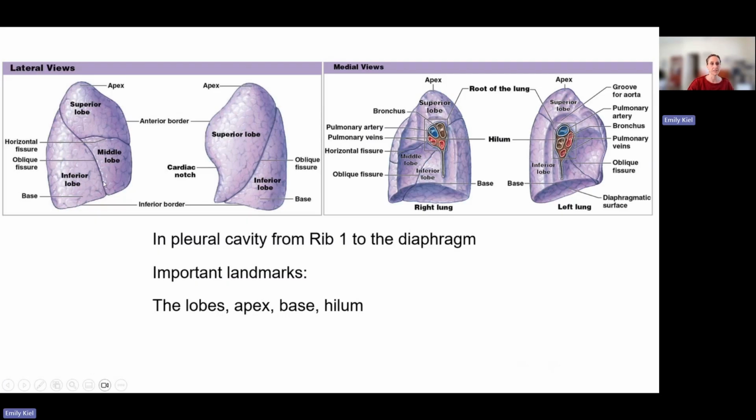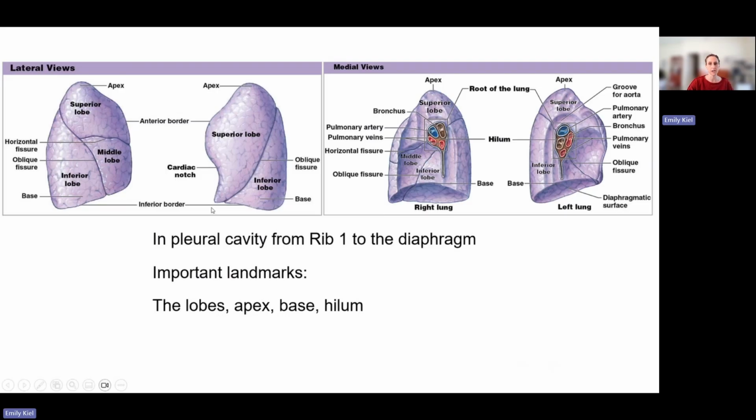There is an oblique fissure in each lung. But because there's 3 lobes in the right lung, we also have a horizontal fissure. Notice the apex is superior in the lungs, the base is inferior. So we've got a broad base and a narrow apex, a little bit different from the heart. So keep that in mind.